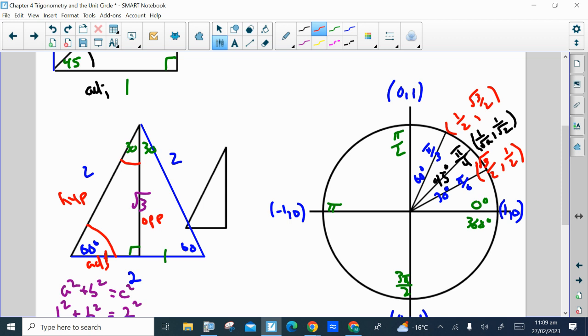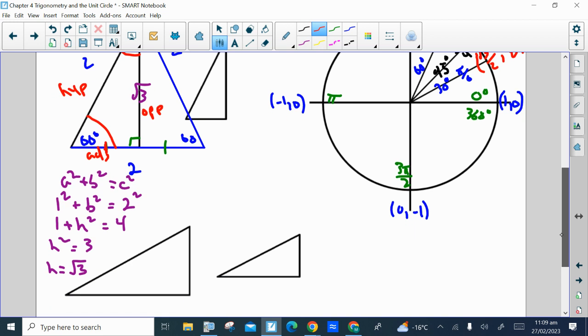You need to memorize this. Okay? You're expected to be able to remember what these numbers are. And it's not that hard to remember. I'm going to show you a couple tricks to remember them.